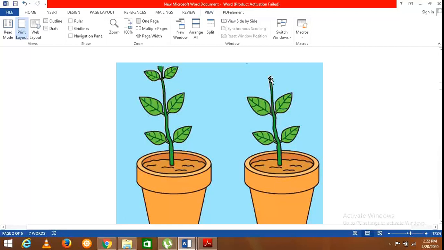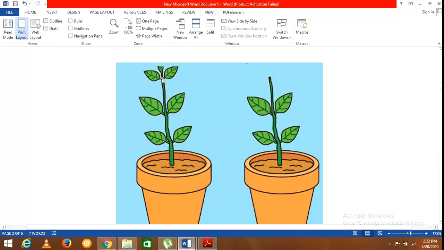Then you have to supply the same environmental conditions for both plants, and after about 1 week, or you can measure the height of these plants daily for about 1 week. There you will be able to observe that the height of the plant with the apex has been increased.